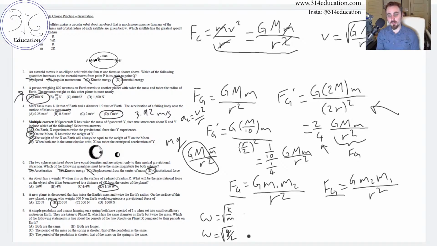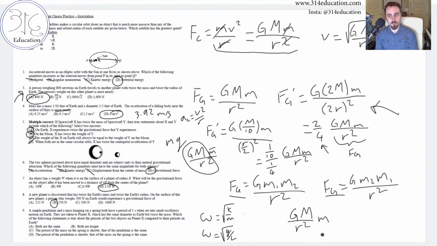The pendulum, however, is affected by acceleration due to gravity. Now our acceleration due to gravity we can think of as being this GM/r² term, because we multiply it by little m to get g in the case of Earth, when we use the mass of Earth near the surface of Earth, so when r is close to the radius of Earth.